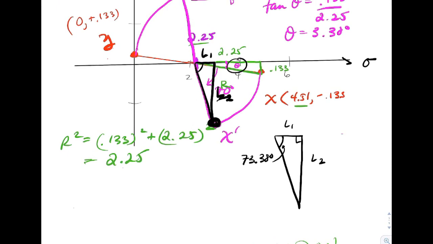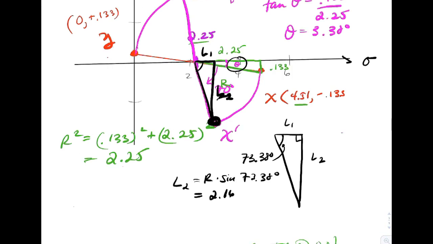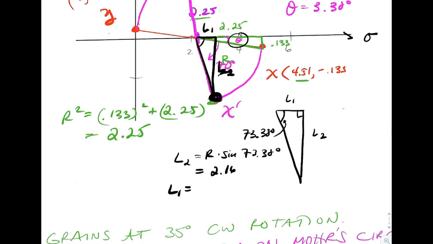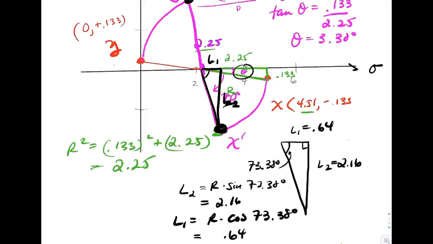So let's go ahead and calculate L2 is equal to R times sine 73.38 degrees. So that's going to be 2.16. We got L1, which would be R times the cosine of 73.38 degrees, which would be 0.64. So this is 2.16, and that's going to be 0.64.